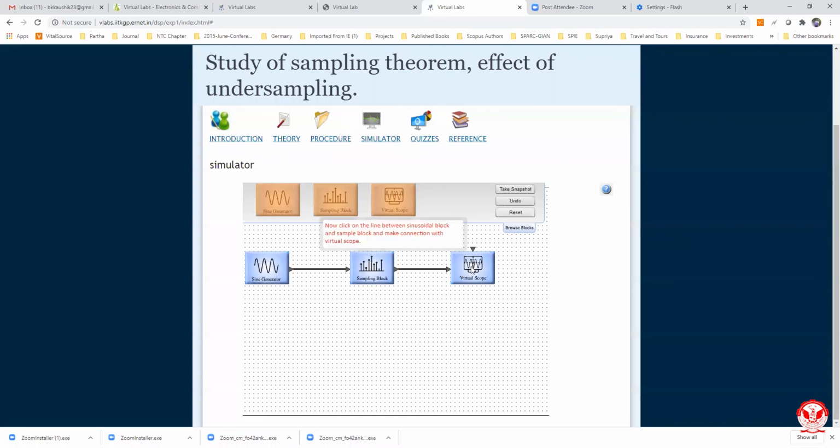The next signal, the virtual scope will take from the sine generator. We find here that the sine generator has only one output port, but the wire that connects the output port of the sine generator and the input port of the sampling block can act as a port now. So we just place the cursor here. Along this wire, we find a pin type structure appears along this line. So we can take output from anywhere. This output is the output of the sine generator.